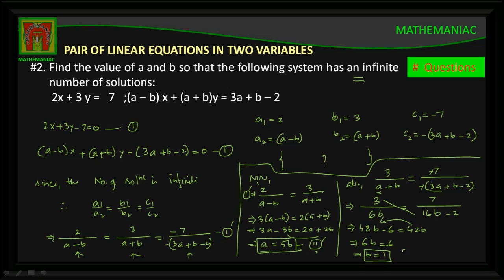So you got b equal to 1, and what is a equals? a equals in that case 5. So you got two values of a and b, and that's what we are asking for. But remember, there's a very important issue now. You have compared only the first two ratios and the second two ratios. What about the first and the third? Will they be giving you the same value?